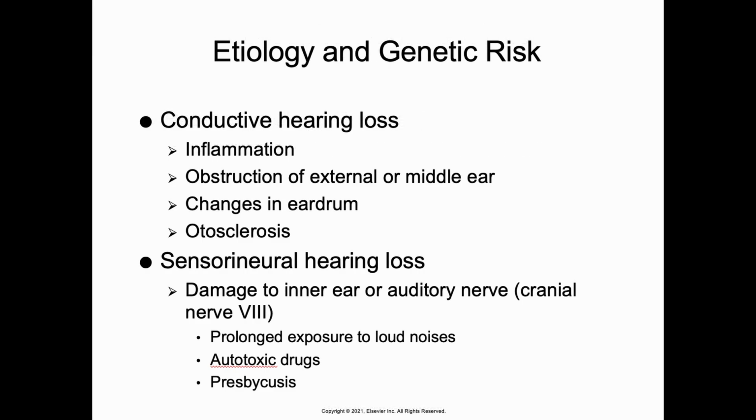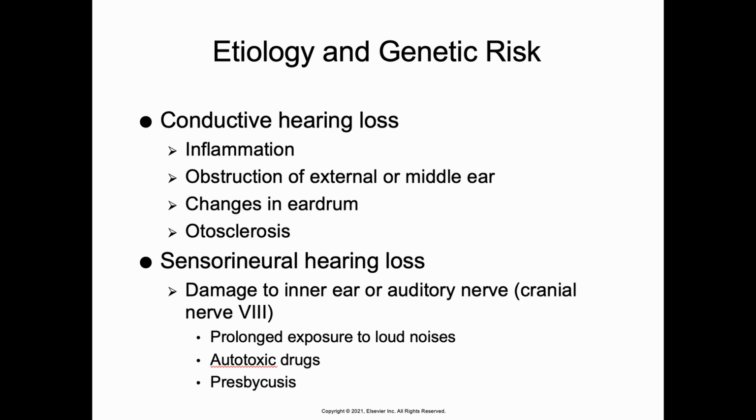Conductive hearing loss can be caused by inflammation and obstruction of the external or middle ear, changes in the eardrum, or otosclerosis. So they have something blocking in there. Sensorineural hearing loss is damage to the inner ear or auditory nerve, which is cranial nerve 8.